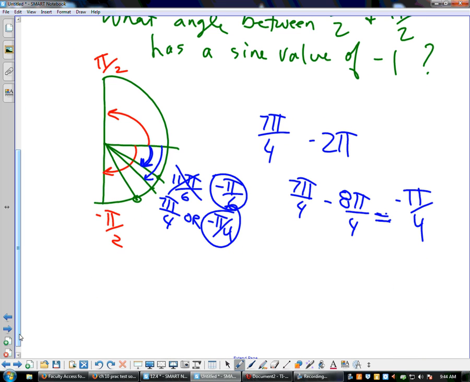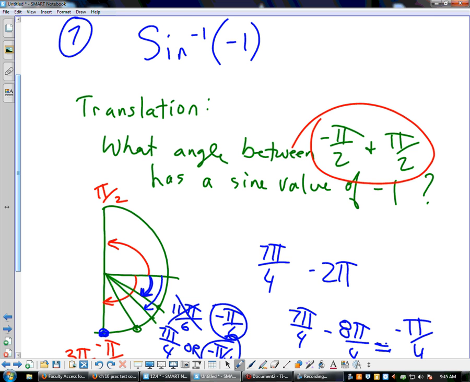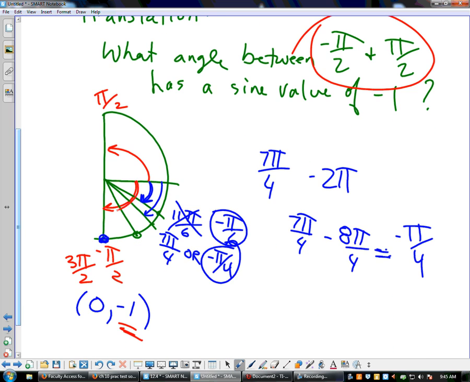So you would say, hey, that happens down here where the ordered pair is 0, negative 1, right? But you would not want to give 3 pi over 2 as your answer, because 3 pi over 2 is not in this interval from negative pi over 2 to pi over 2. You would have to give this angle right here, which is negative pi over 2.